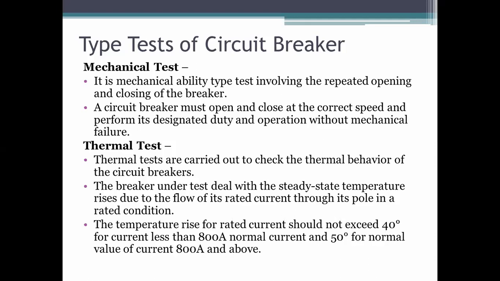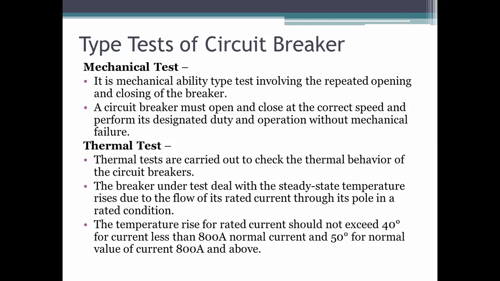When a fault occurs and an arc is produced, if that current is less than 800 ampere, then the temperature of that circuit breaker should not exceed 40 degrees Celsius.